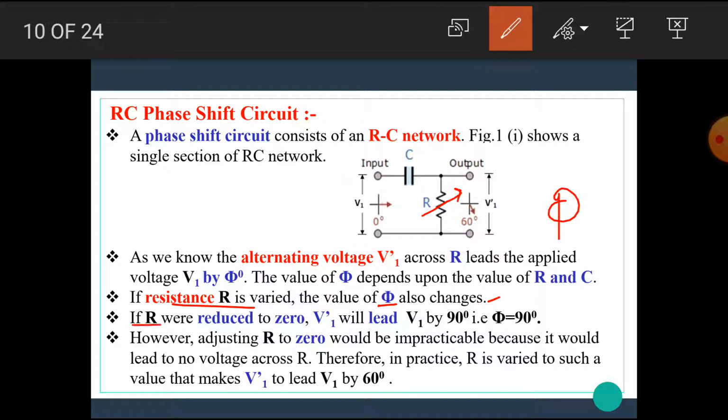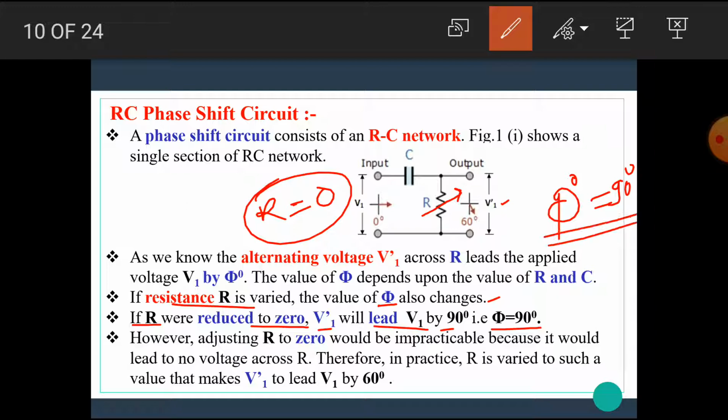If R were reduced to 0, that means if we reduce the value of R towards 0, then V1 dash will lead V1 by 90 degrees. That means if we make R equal to 0, then we get the phase angle of exactly 90 degrees.